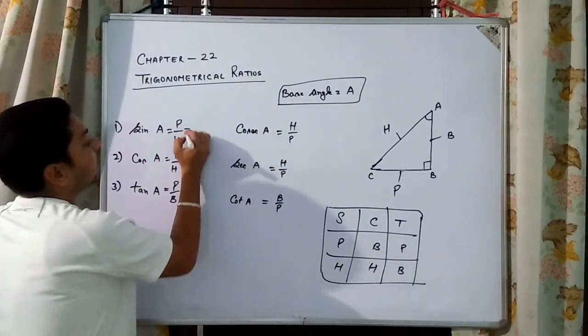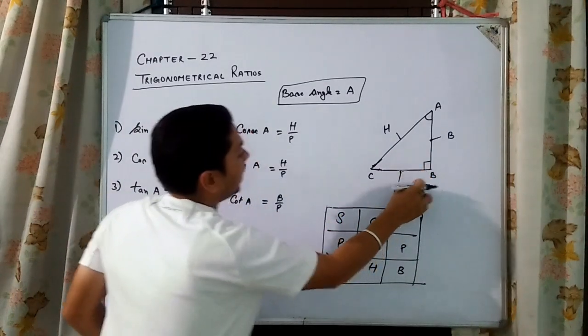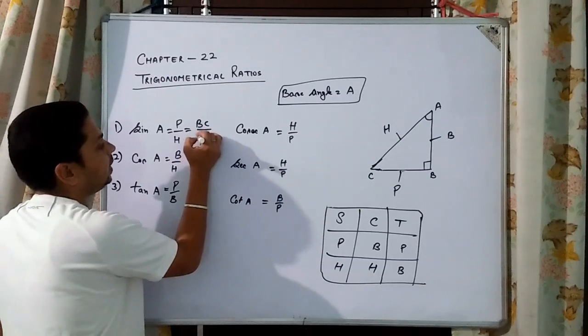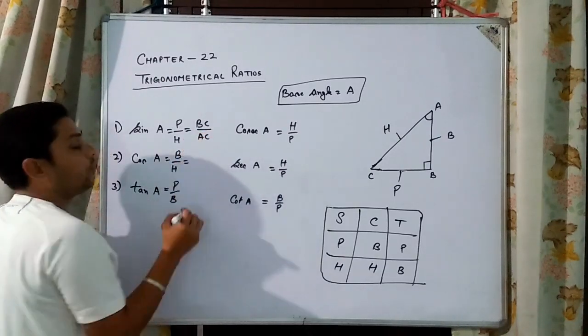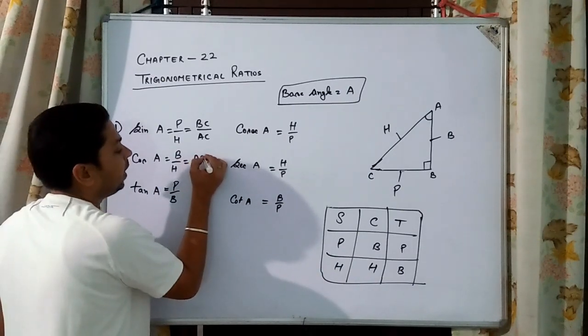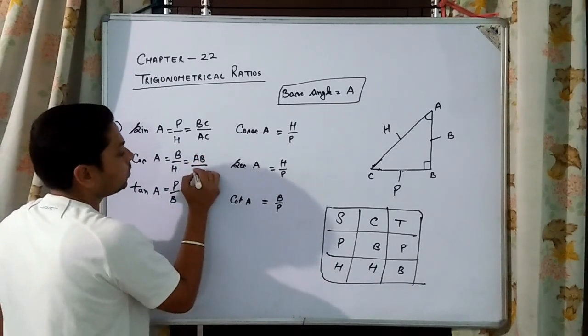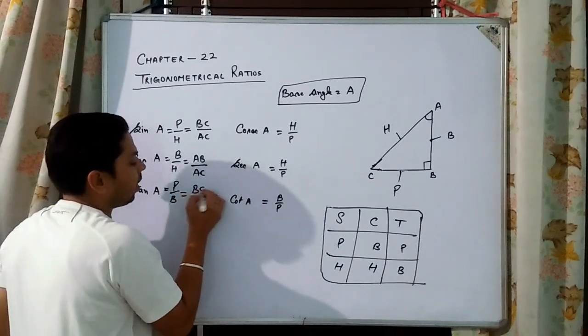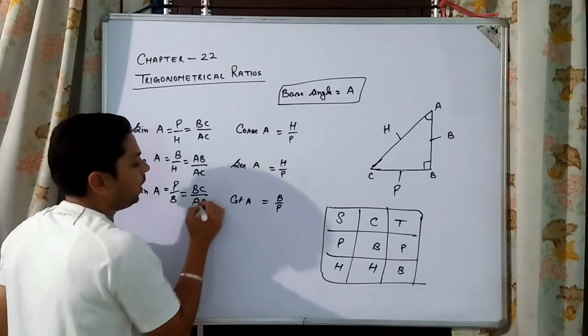Now write down the sides here. What is perpendicular here? BC over AC. Then what is base here? AB over AC. What is tan? BC upon AB.